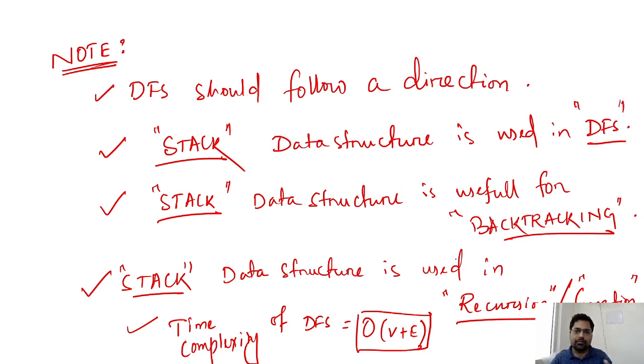Stack is also helpful for topological sorting. I have not written it because in the next video we are going to read about topological sorting. There I'll tell you stack is also helpful in that case. So almost all problems get solved by the stack. That's why I'm saying stack is the king of all the data structures.